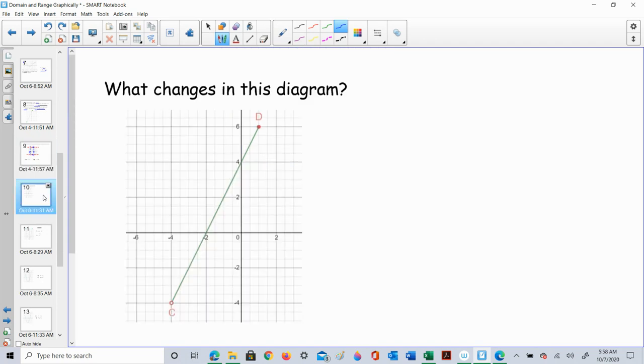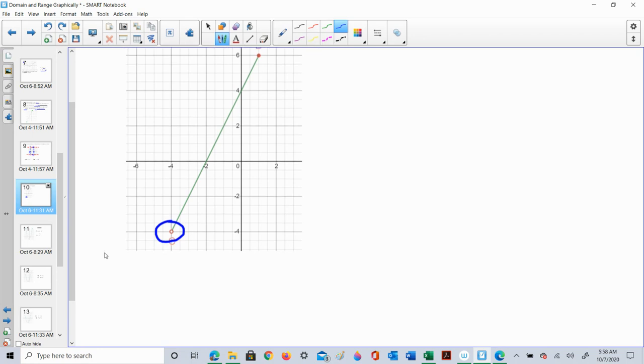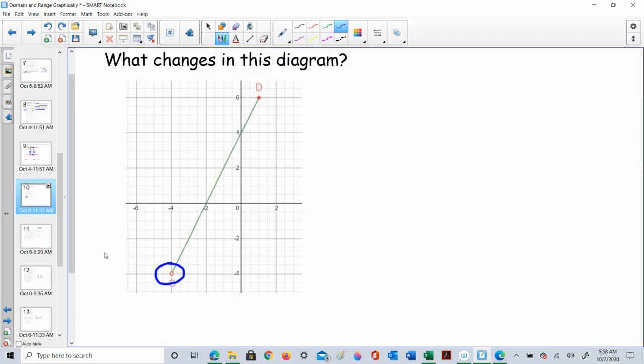Now I'm going to be looking at a couple of functions. What changes in this one? Well, this is the same as the last one, except notice here I have an open circle. That means that that point, negative 4, is not part of the graph. So how does that change things? Whoops, I should have copied it.